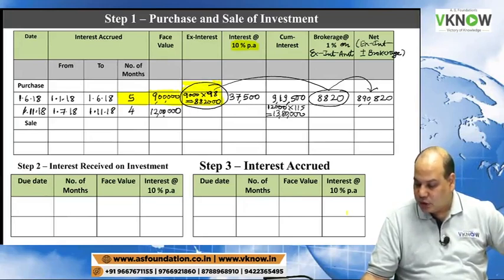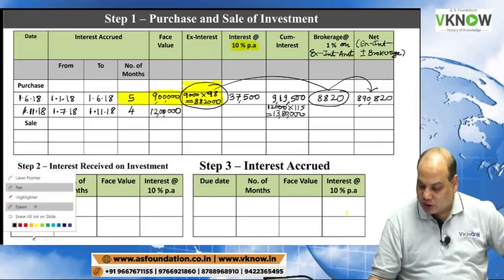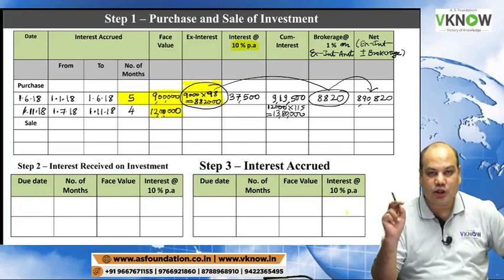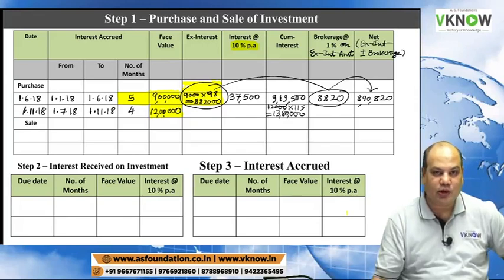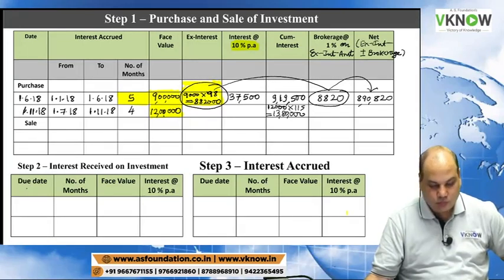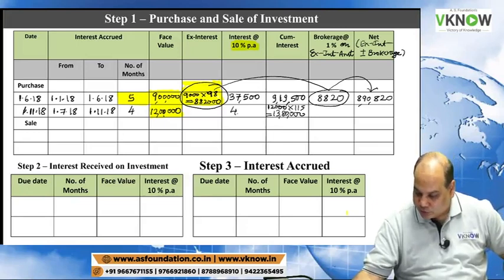13,80,000. Now we have to find out interest. Interest will be calculated on face value. Everybody take your calculator. Type 12 lakh into 10% into 4 by 12. So your interest figure is how much? Interest figure is 40,000.